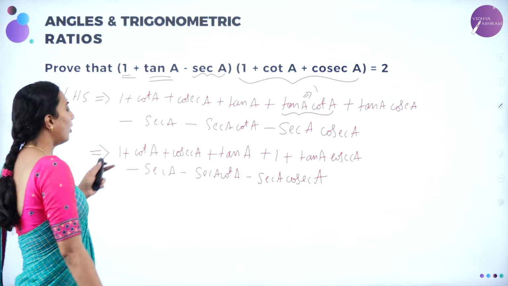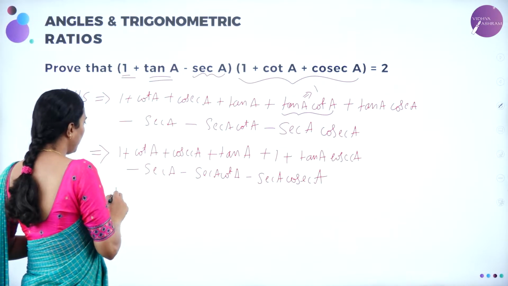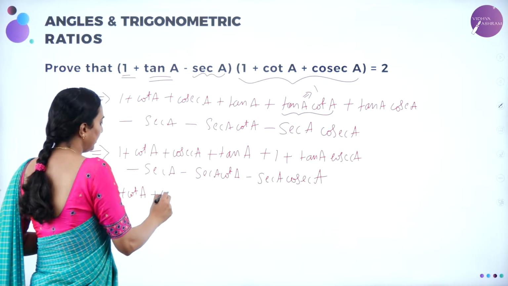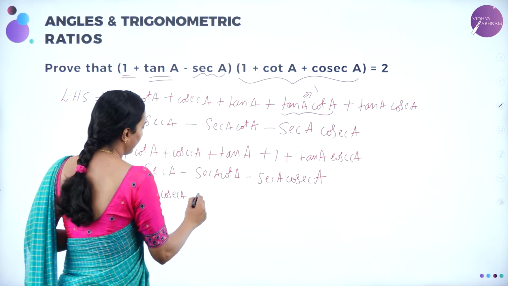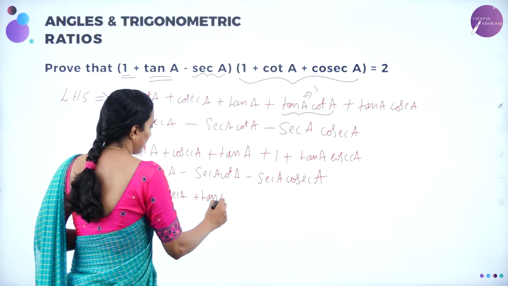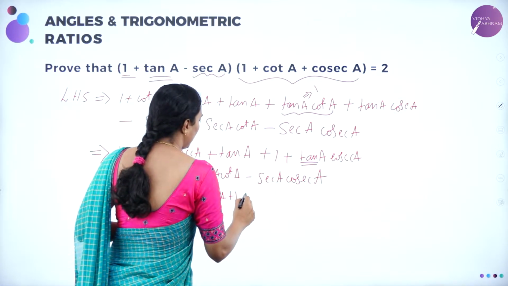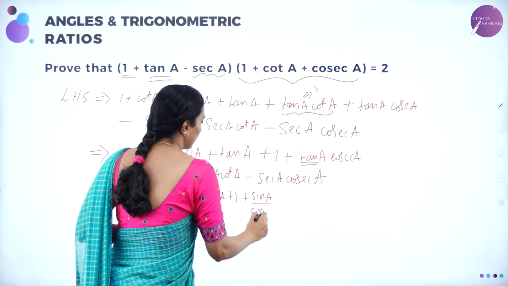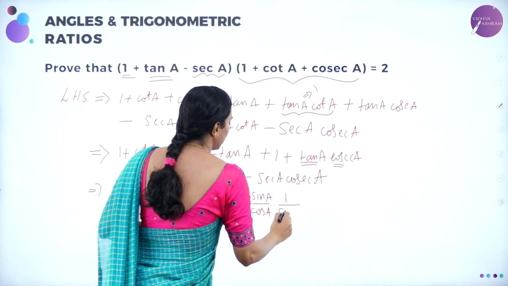Right? So what this will become, dears, you are going to have 1 plus cot A plus cosecant A plus tan A plus 1. Now this I am going to write as sin A by cos A, sin by cos into cosecant, I am going to write it as 1 by sine.